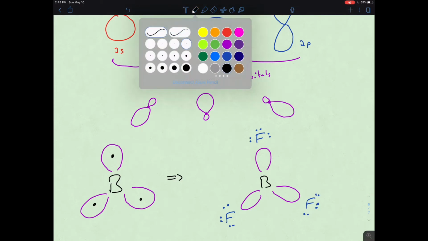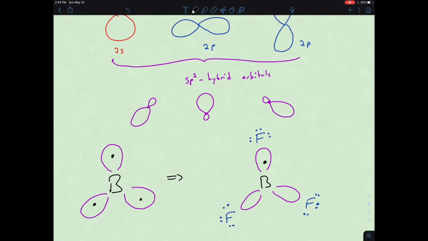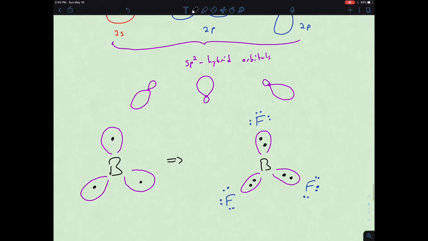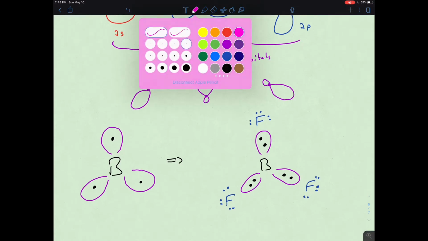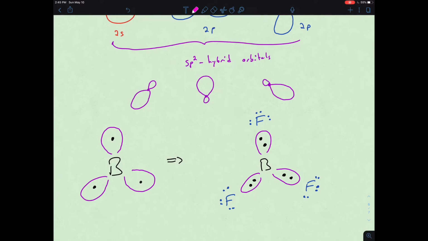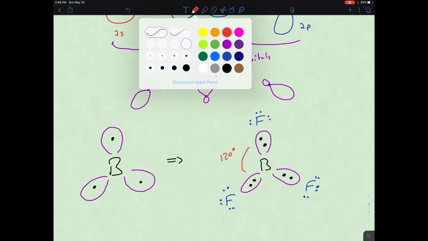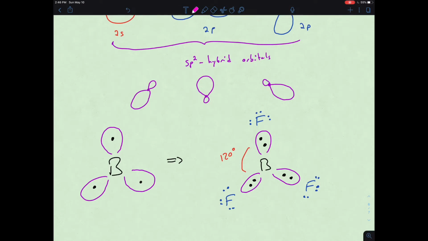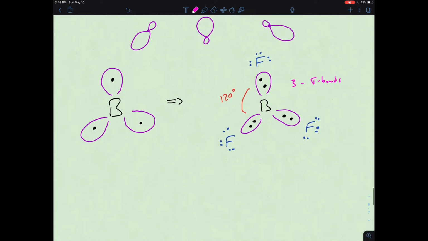And then we have an electron from the boron and an electron from the fluorine. And so those are our single bonds, and again, it's keeping up with that notion of our angle being 120 degrees, still supporting that. And then we have 3 sigma bonds as a result.